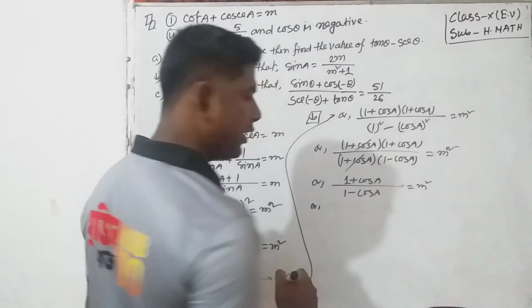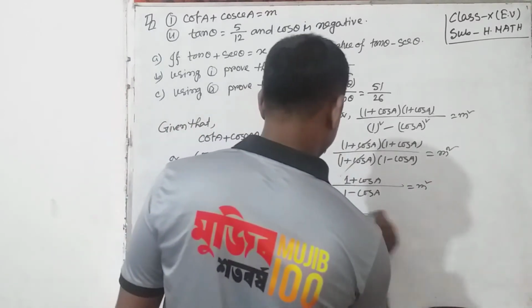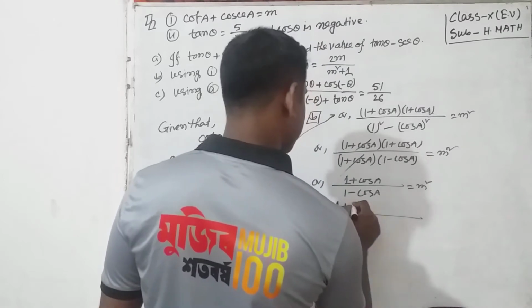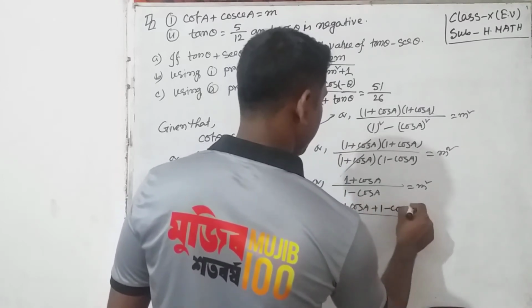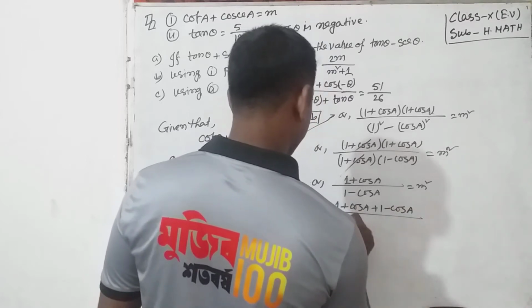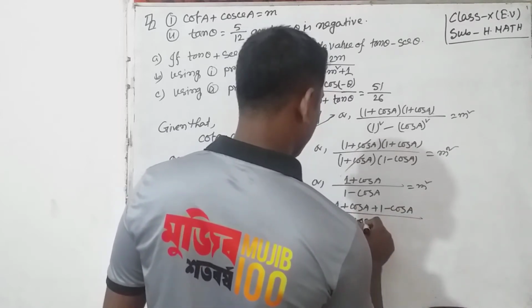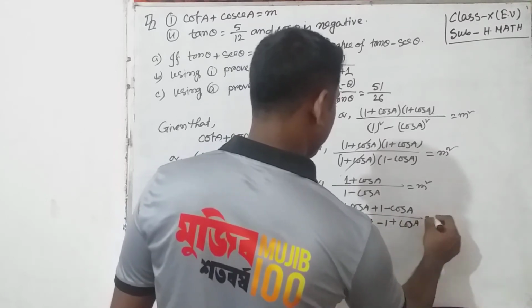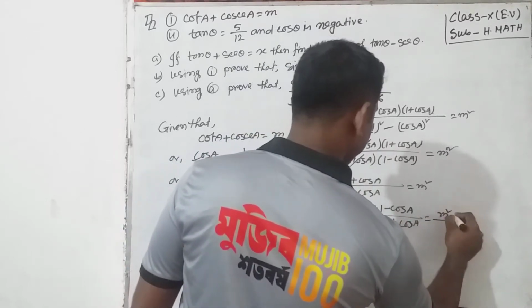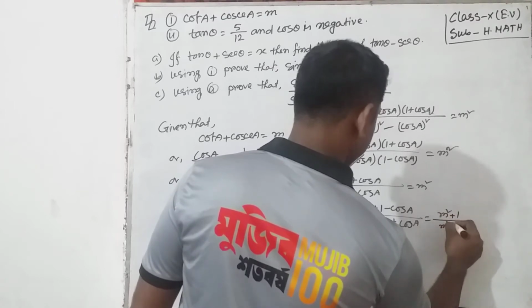Now apply componendo and dividendo on both sides. So we can write 1 plus cos A plus 1 minus cos A over 1 plus cos A minus 1 plus cos A equal m square plus 1 by m square minus 1.